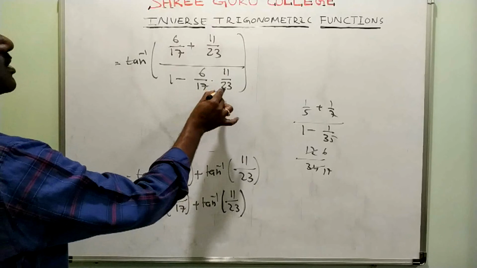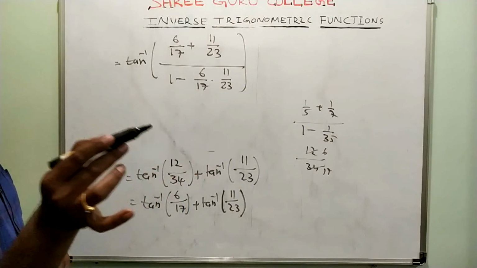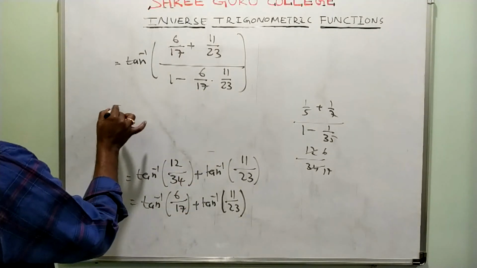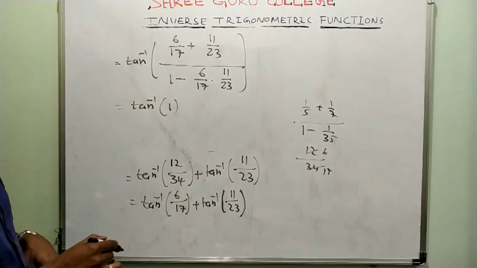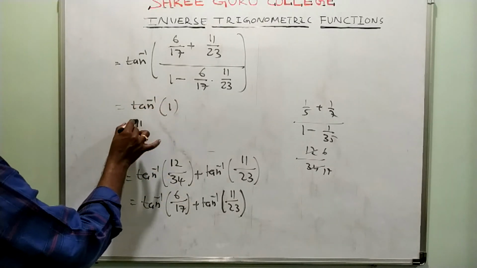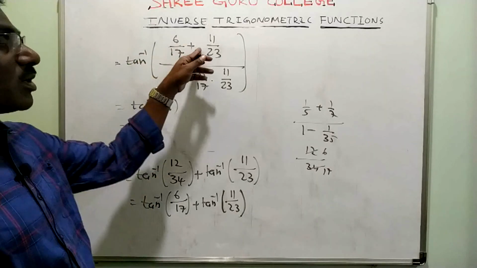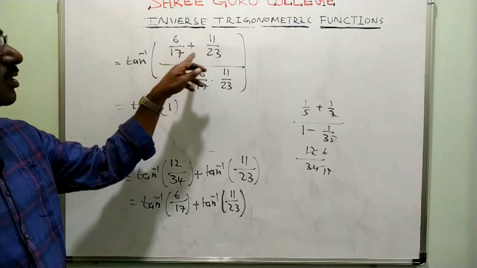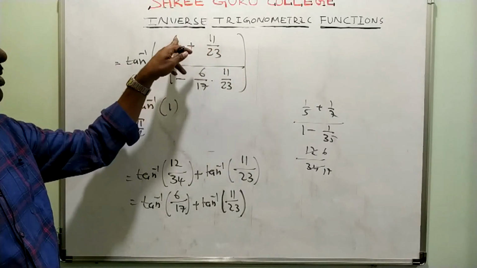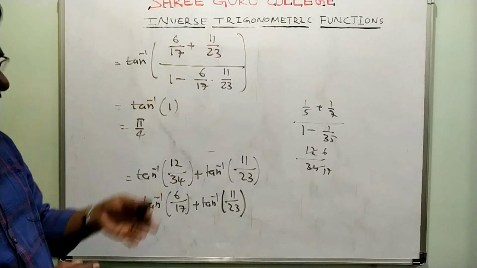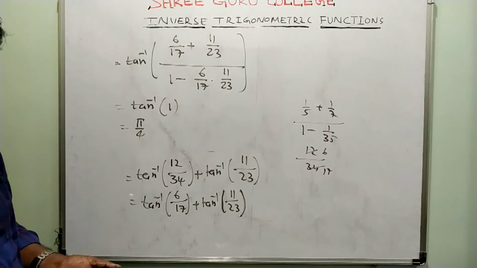Better to take the LCM, 17 into 23, multiplying, and you will get 23 into 6 plus 17 into 11. Finally you will get tan inverse of 1, which is pi by 4.